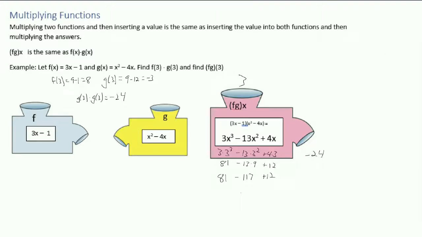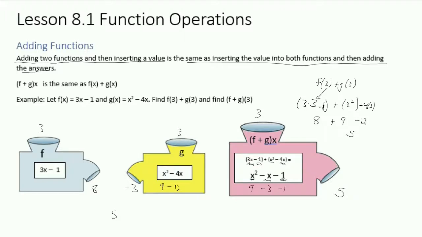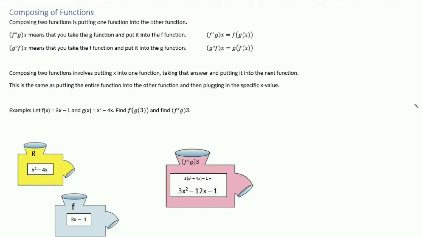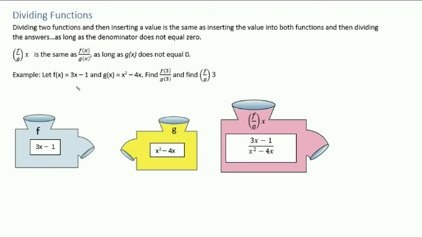Moving on to division. We know f of 3 is 8, and g of 3 is negative 3 from the ones we did before.